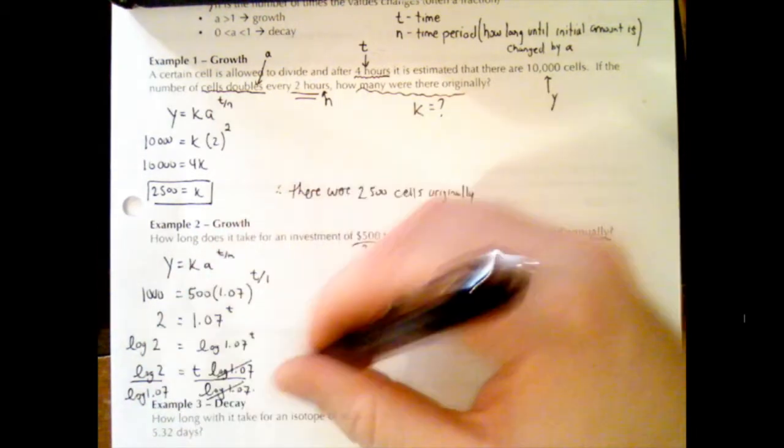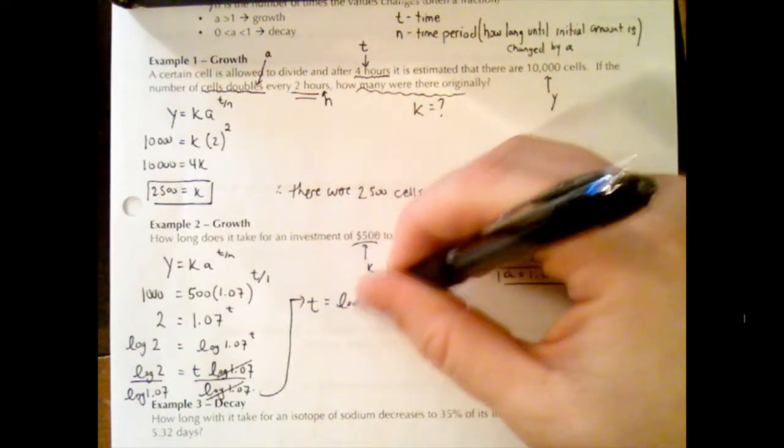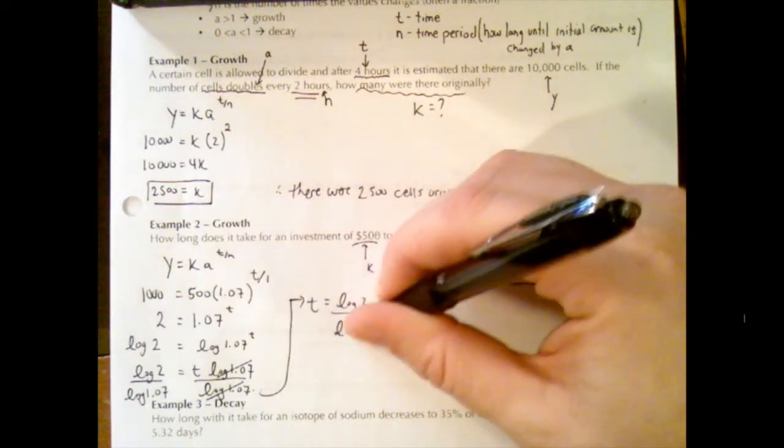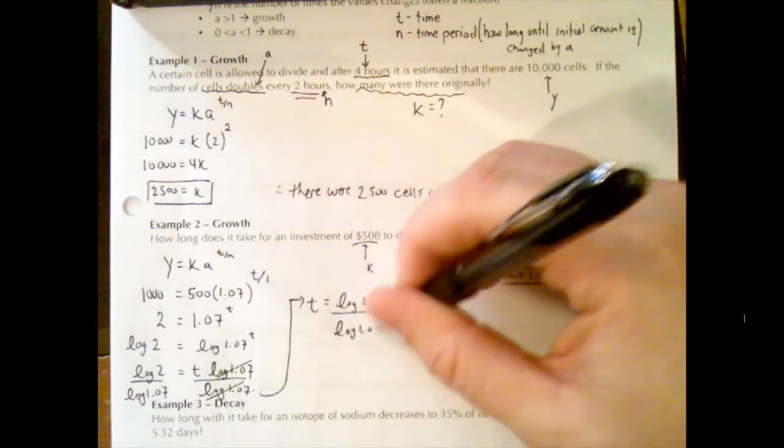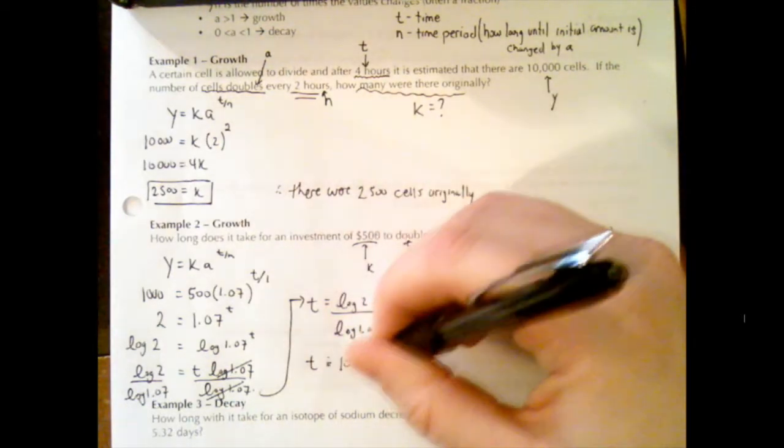And it'll leave us with something on the left side that we can just punch into our calculator. So t is log 2 divided by log 1.07. And if we punch that into our calculator, we get approximately 10.2 years.